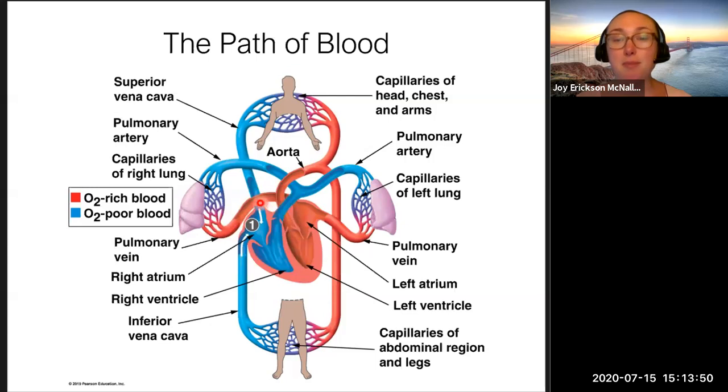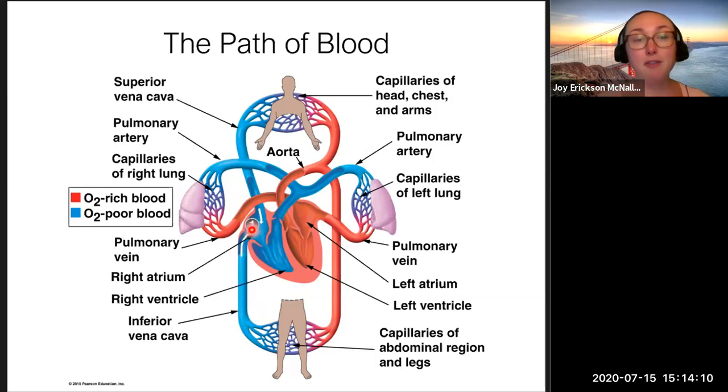Okay, starting here with part 1. The right atrium has 2 large veins that empty oxygen-poor blood, blue, from the upper and lower body. Again, we called that the superior vena cava, which brings our oxygen-poor blood from our upper body, and our inferior vena cava, bringing oxygen-poor blood from our lower body.